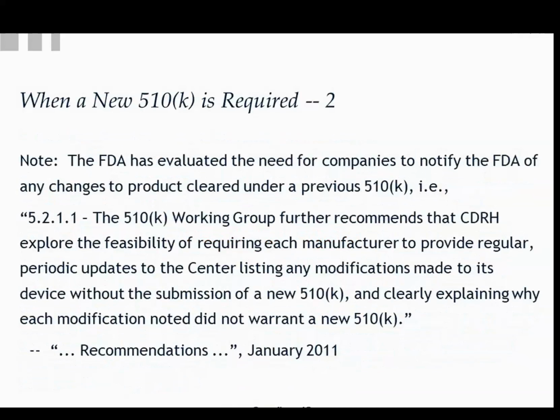Now, one of the working group's recommendations on the 510K process, back in August 2010, with the recommendations published in January 2011, was that companies provide regular updates on their products to the FDA annually. That's never been implemented.